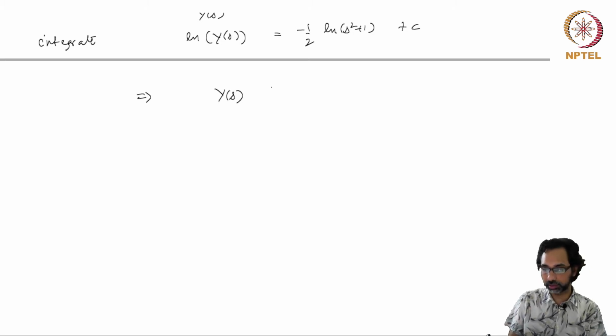If you take the exponential on both sides, you will get Y(s) = c/√(s² + 1). Now we have to determine c.